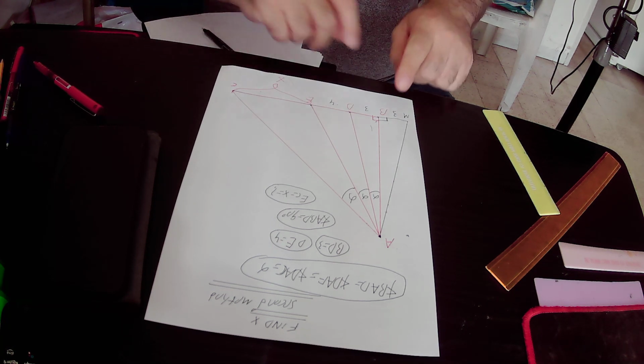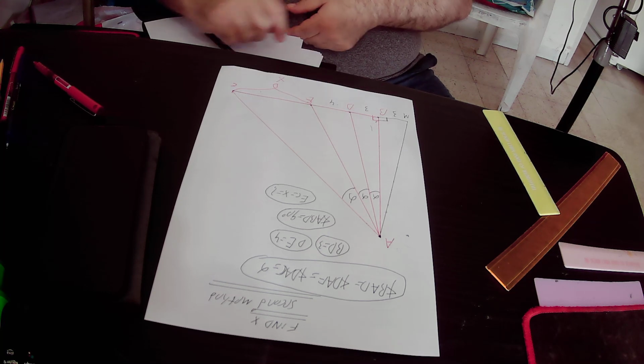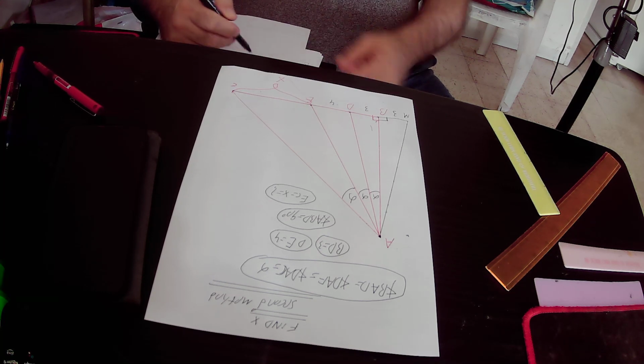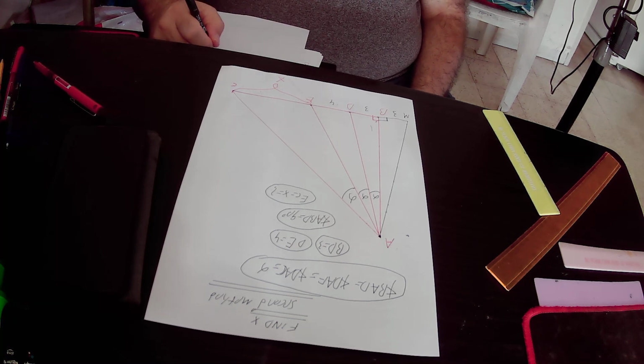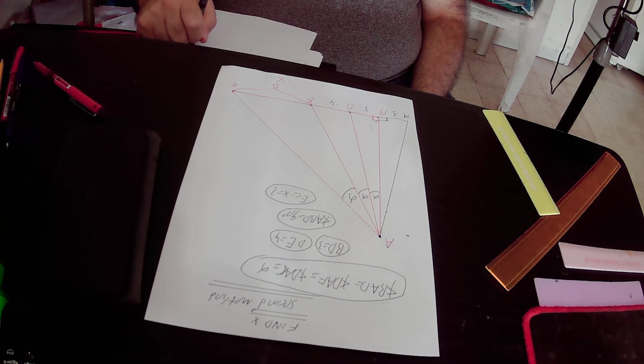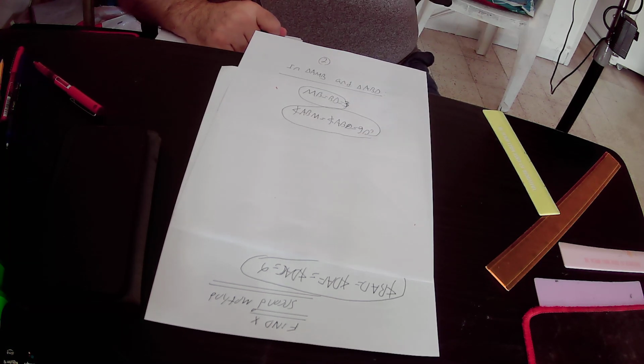We also know that those two angles are equal to each other. They are both right angles, so angle ABM equals angle ABD equals 90 degrees.